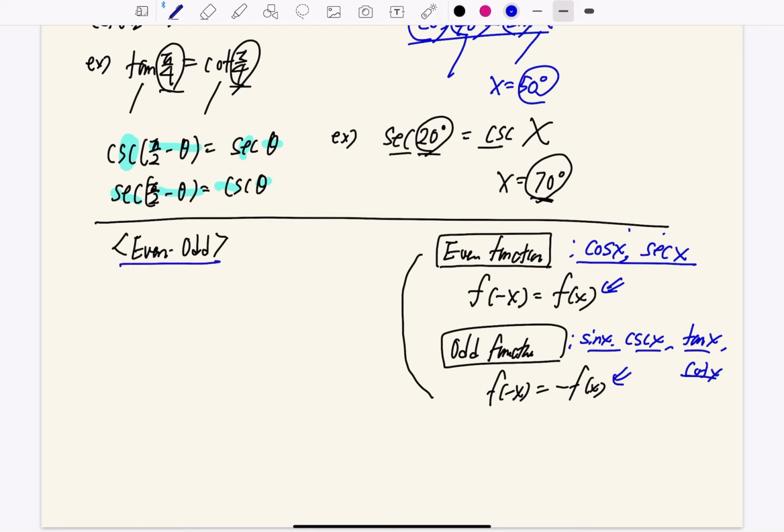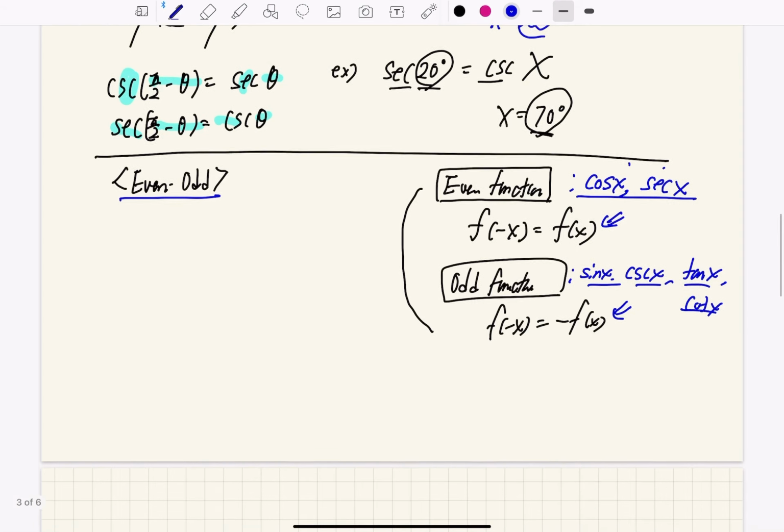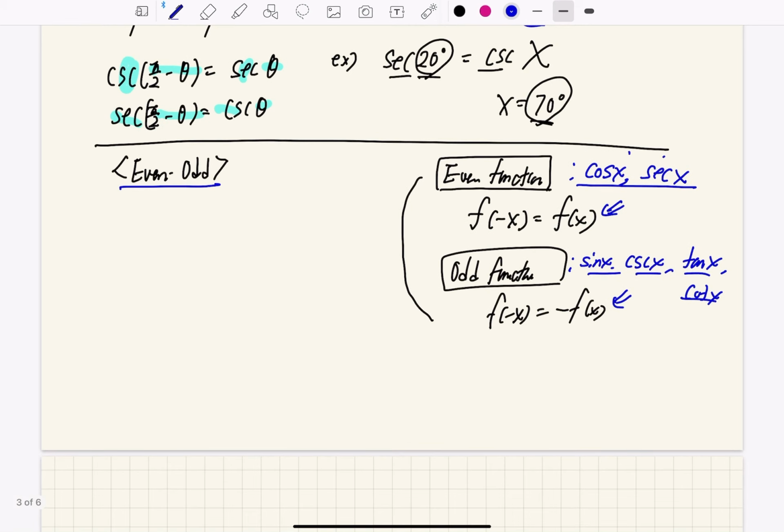Let's make the even and odd trig identities. Cosine and secant are even functions. Cosine negative theta should be equal to cosine theta, just like that. And secant negative theta is equal to secant theta. We use them a lot.